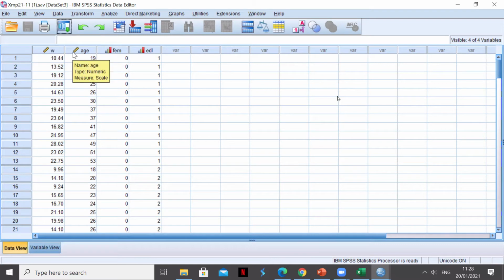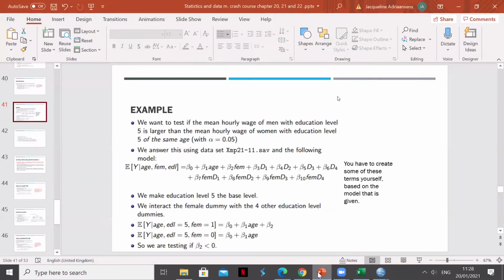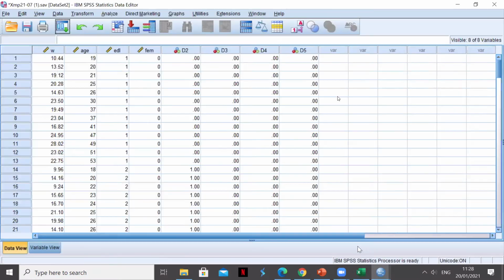And here is our model with the wage, the fem dummy, and education level. And which ones do we want to make? This is quite complicated because age we have, fem, but D1, D2, D3, D4, we don't have yet. So first we are going to make those.